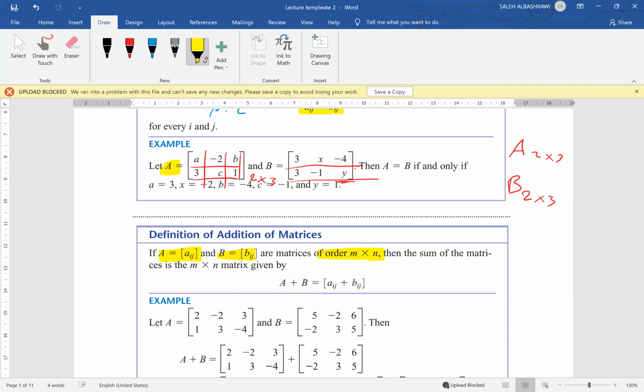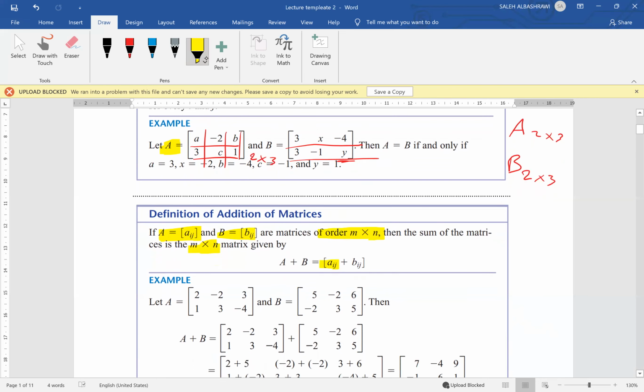Then the sum of the matrices is another matrix of the same size m by n, given by a sub ij plus b sub ij. We are adding the elements in the same location.